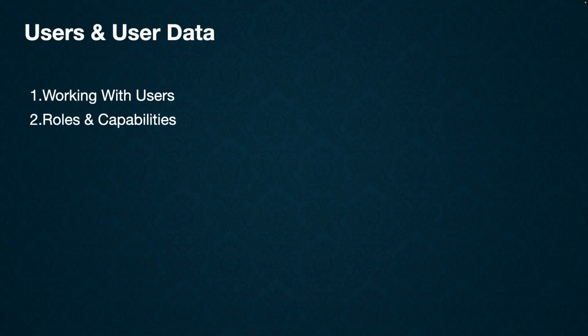And then it has roles and capabilities. This is another very important chapter for WordPress. Like maybe you are a student, so student is a role, and you can purchase a course, you can see a course, you can take the examinations. These are all capabilities, so we will discuss that.